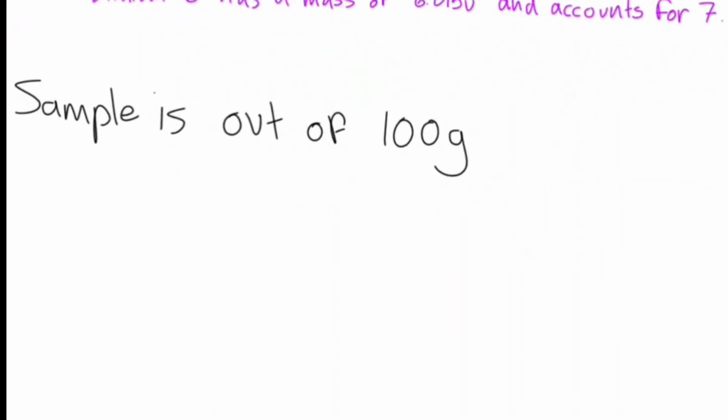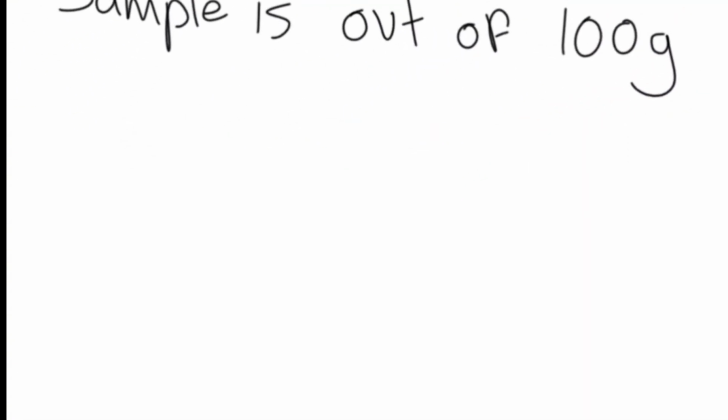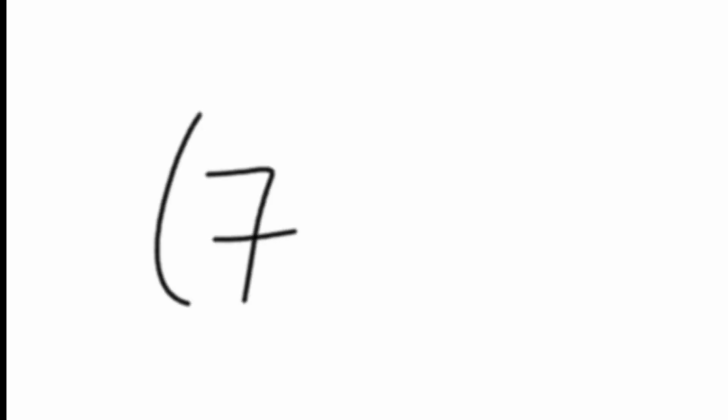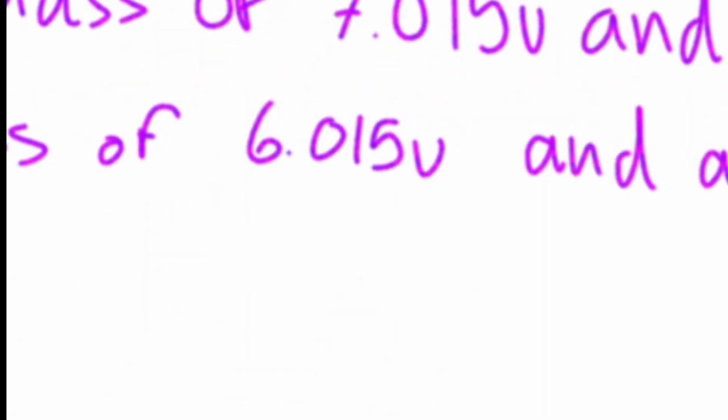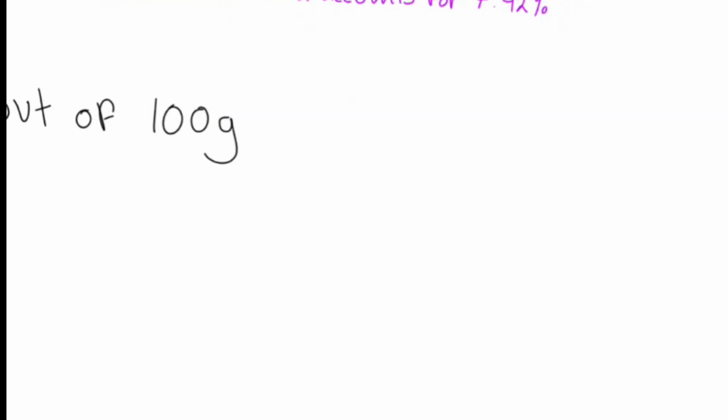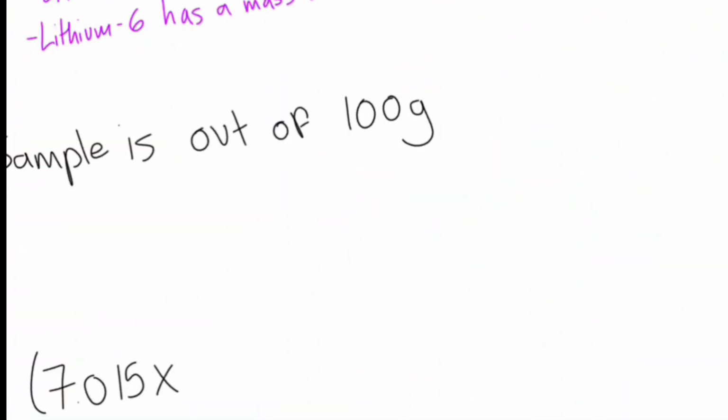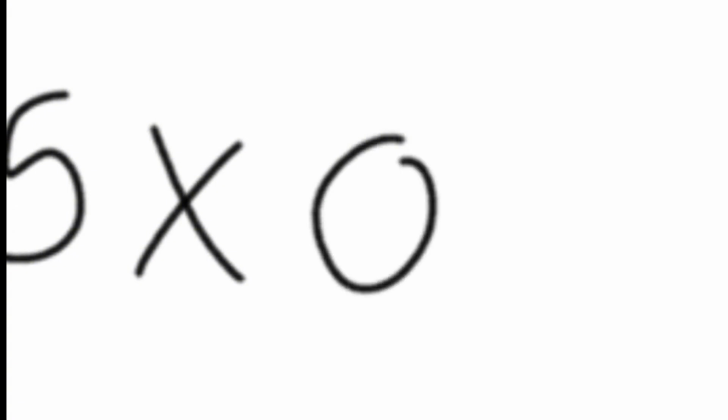But now we've got to write our little equation. And how we do this is you grab, so let's say we'll grab lithium-7. You put the atomic mass, which is 7.015, and then you multiply it by the decimal form of 92.58, which is 0.9258.